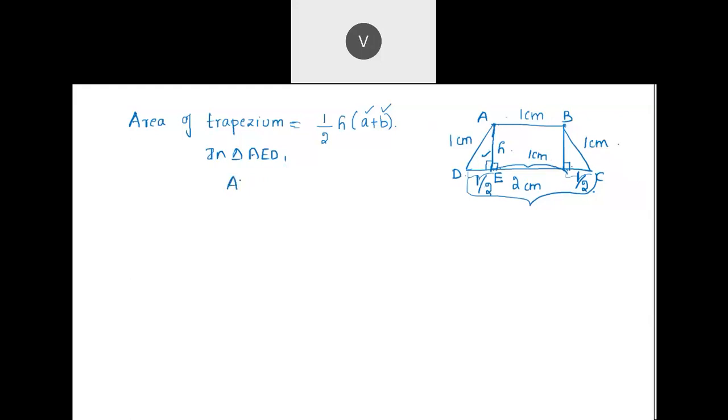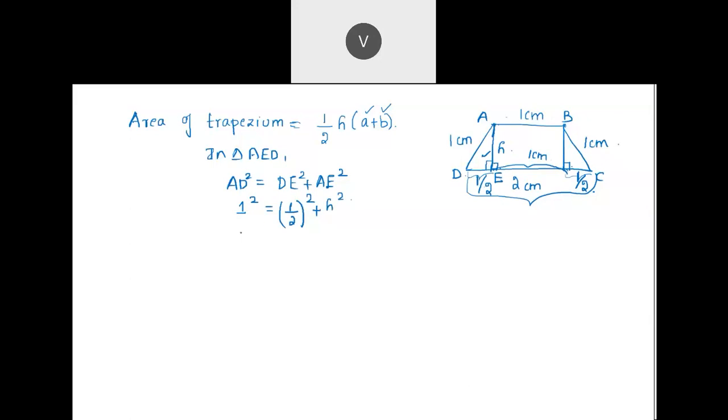AD. AD square is equal to the sum of the squares of the remaining two sides, DE and AE. So DE square plus AE square. What is the AD value? 1. So 1 square is equal to DE value, half, the whole square, plus AE value, H.